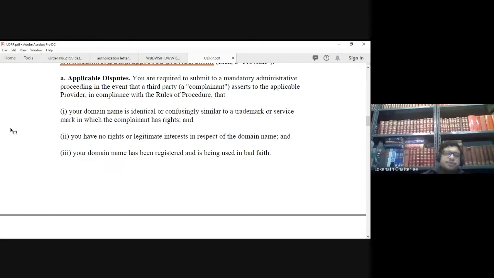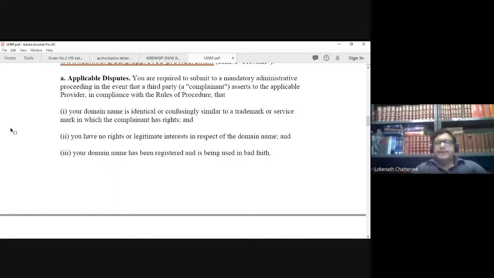So essentially it should be shown that the complainant has rights, but the party who's registered does not have rights to register. It should be violating a trademark or a service mark. Now trademark registration and all, this is something which we will not get into the depths of intellectual property, but basically it should be similar sounding names.